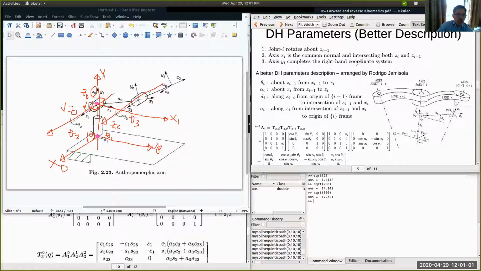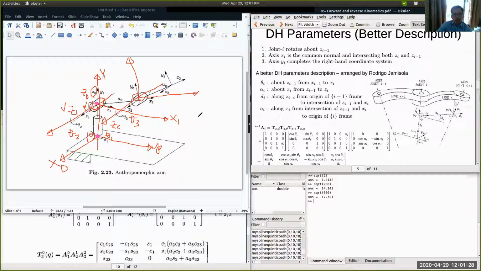So if this is Z2, X2 can be here, that's fine, that's normal. And X2 can also be here. X2 can also be here. That is also normal.